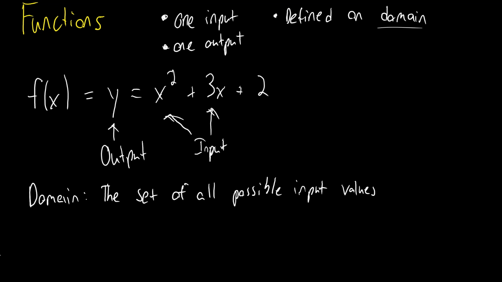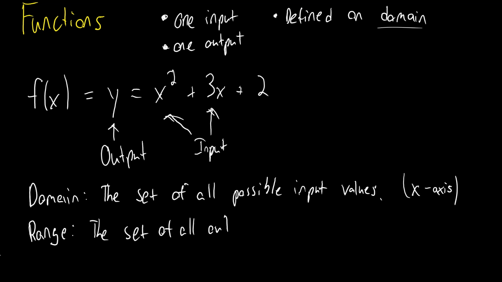Graphically, your domain will always be related to your x-axis. Now we have range. We said the domain is the set of all possible input values, so range is the set of all output values. And that makes sense.